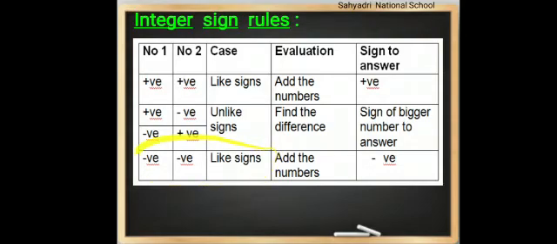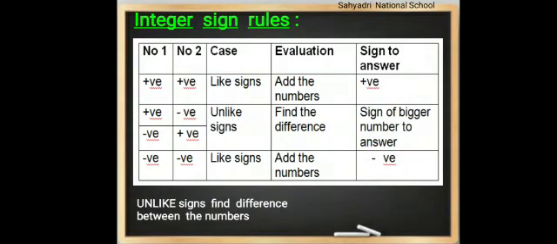Now the third case, if both the numbers are negative, then it becomes like signs case. In this case, we add the numbers and give the common sign of both integers to the answer. Unlike signs, we find difference between the numbers and give sign of bigger number to the answer.